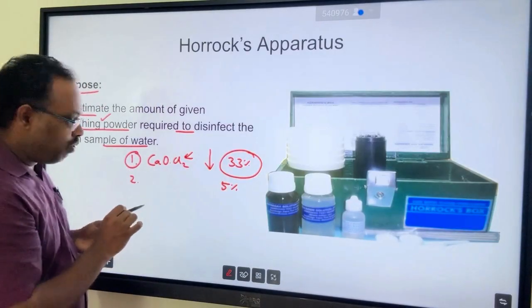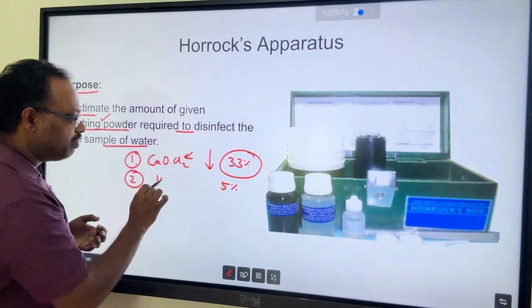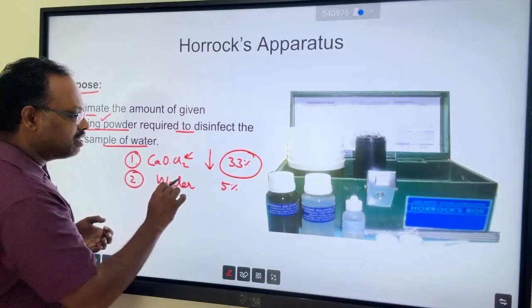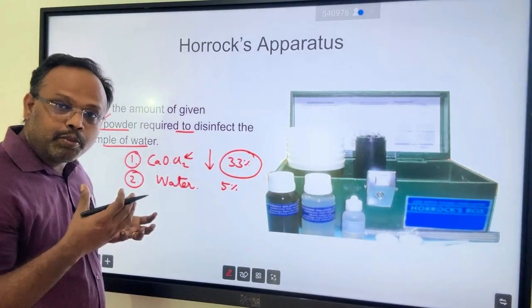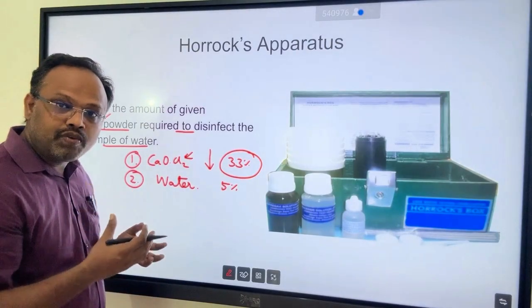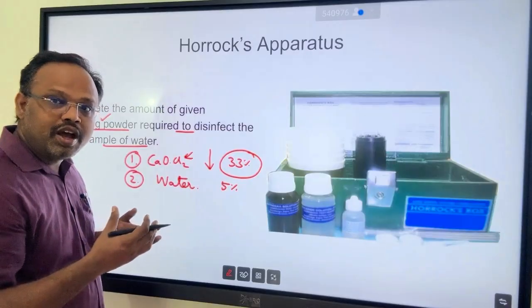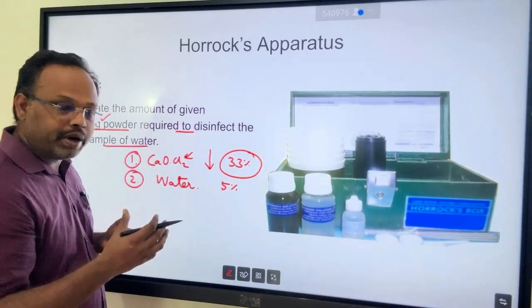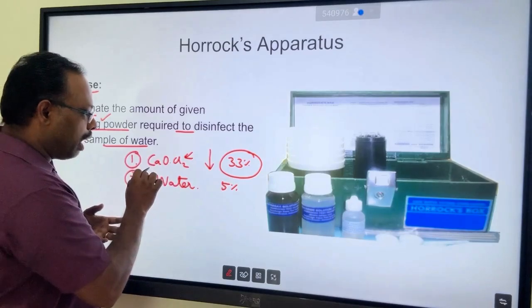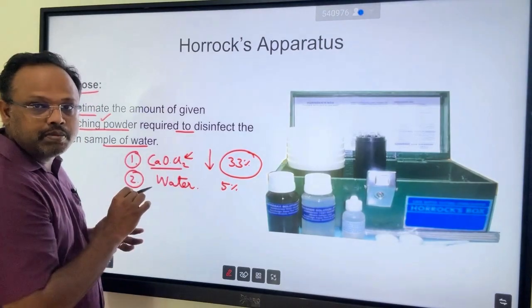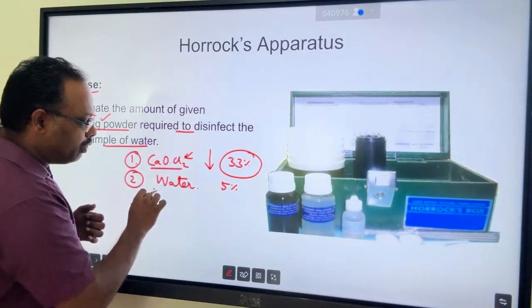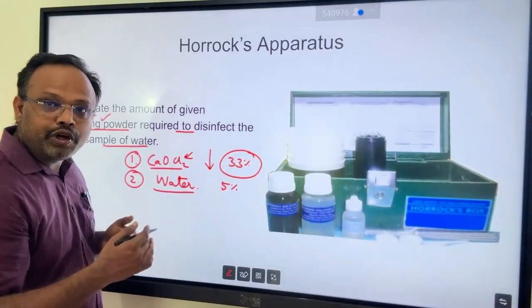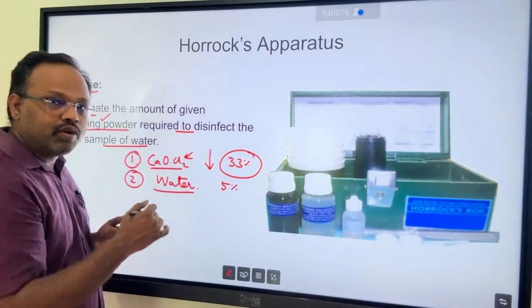The second unknown factor is the water which we are using for disinfection, because the impurities and the amount of ammonia present in the water will absorb more chlorine. Here we have two unknown parameters: the amount of chlorine present in the bleaching powder, and the amount of impurities and ammonia that neutralize the chlorine in the water.